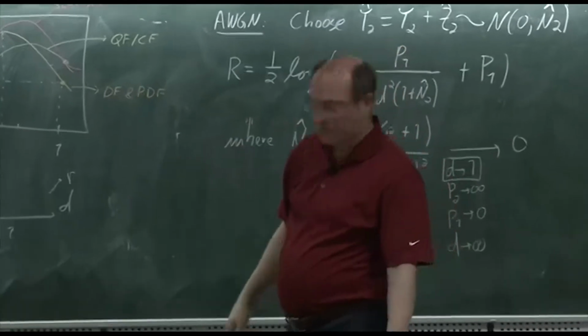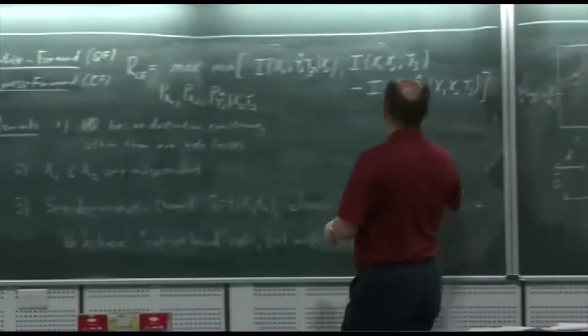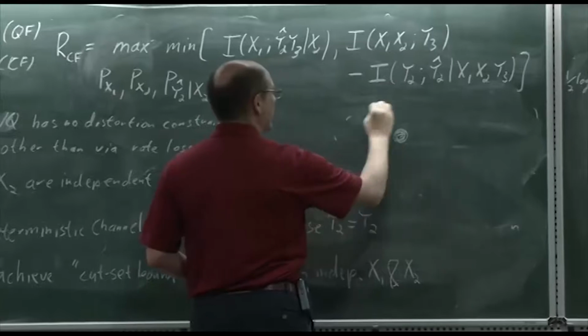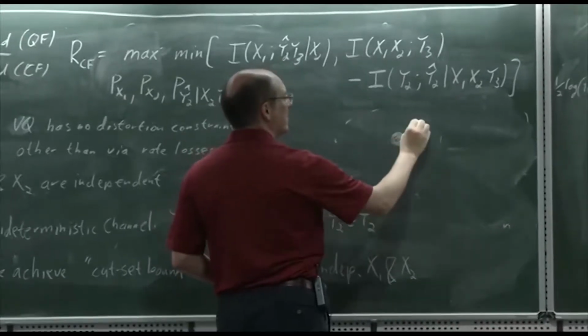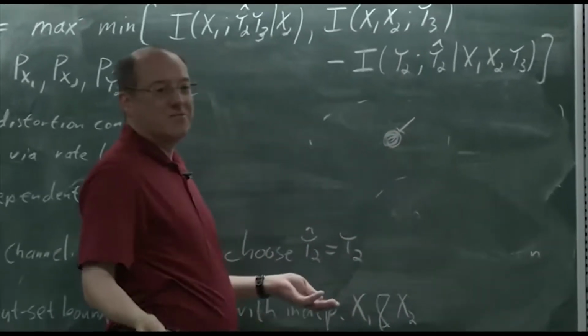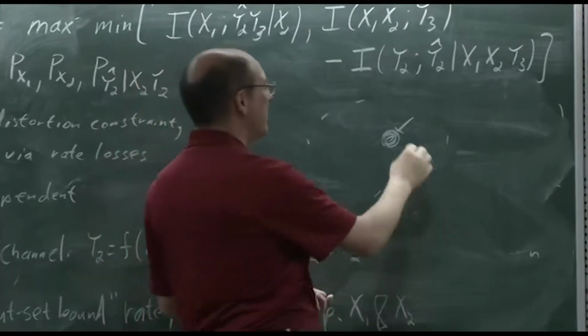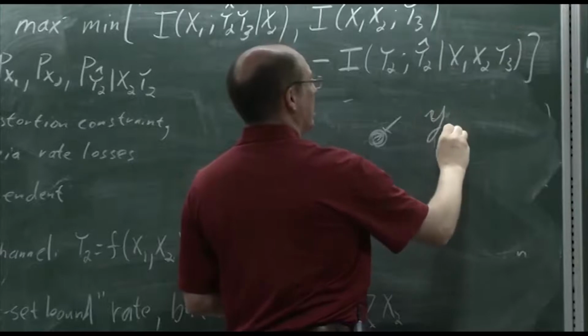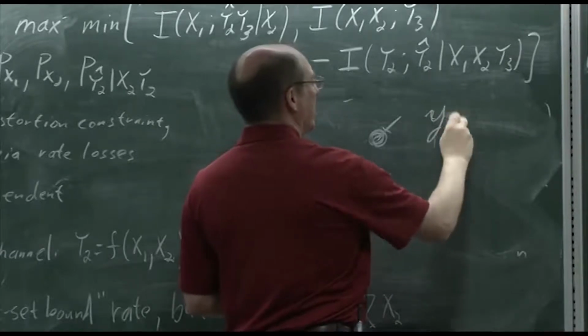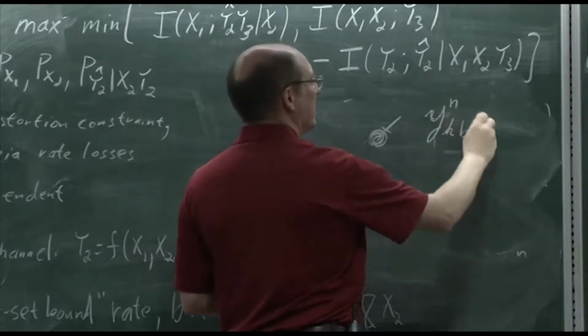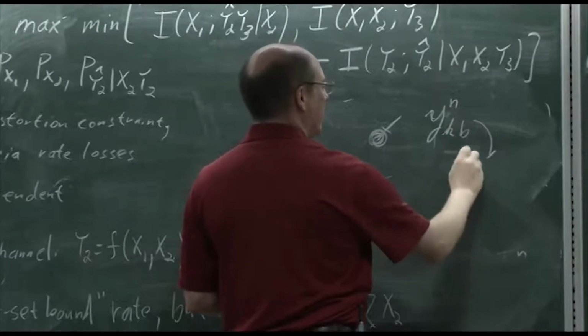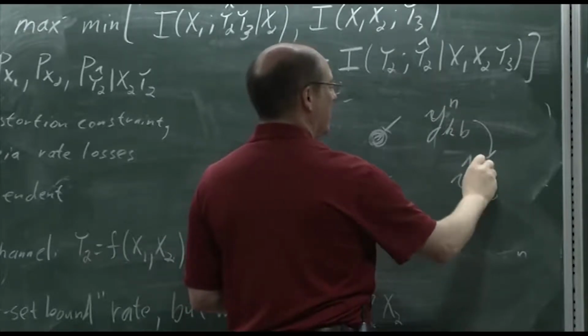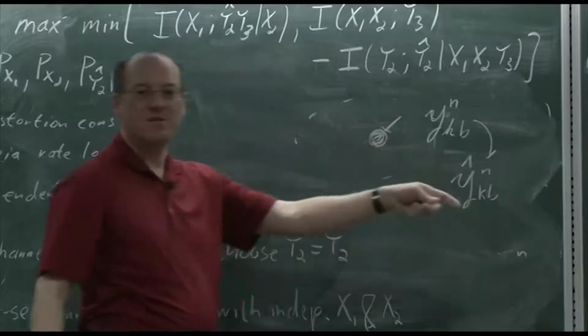In fact, it's kind of nice. Remember what every relay does? If you have a big network, what every node does is just quantize and forward, right? So the relay will just take its signal Y_k^n in block b, say it's the kth node, convert it to Y hat_k in block b, and then send off information.